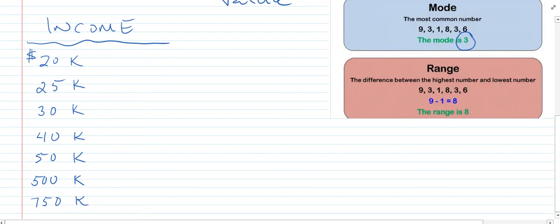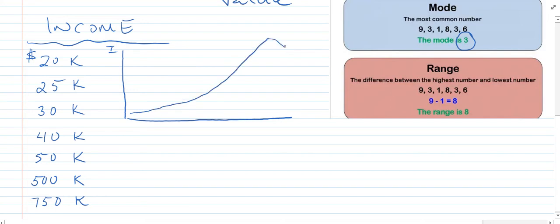Now, if we were to graph this data, we're going to have skewed data. So if we have income over here, we're going to have something that looks like this.